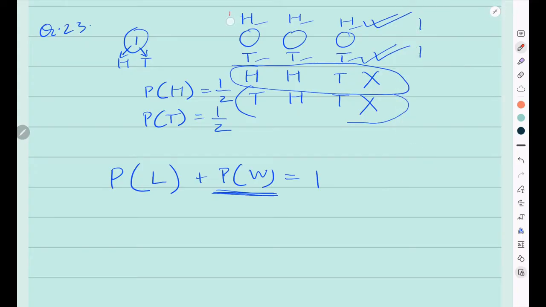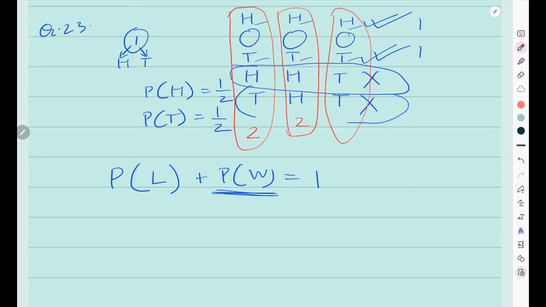When we toss a coin for the first time, we can have two different results, isn't it? Either head or tail. Similarly, the second time also we can have two different results, and the third time also two different results. So the total number of combinations possible is 2 times 2 times 2, that is, a total of 8 combinations, isn't it?